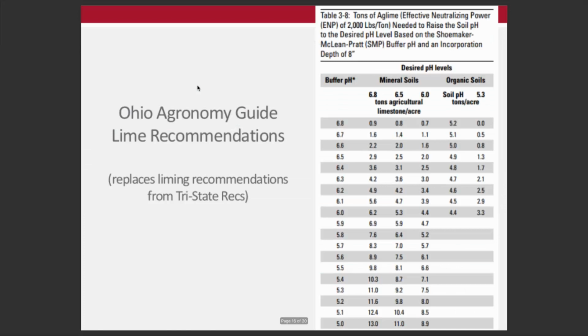Okay. So let's talk about how we actually do this. I'm going to post the agronomy guide and a table here. This table is replicated a few different ways, but it's very easy to read. We simply have the buffer pH of a solution.